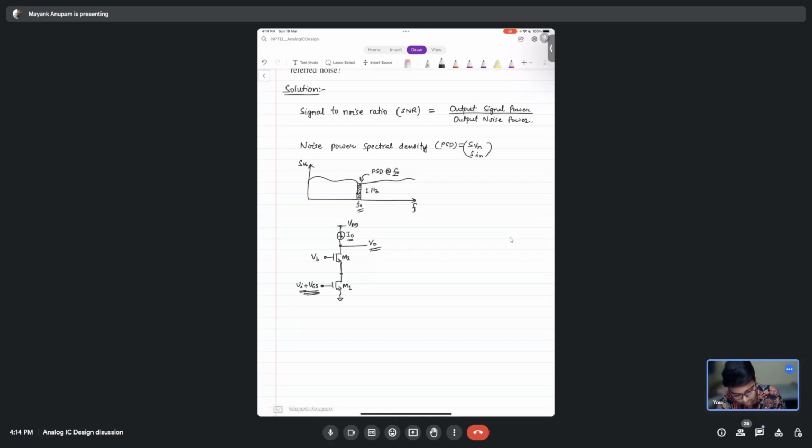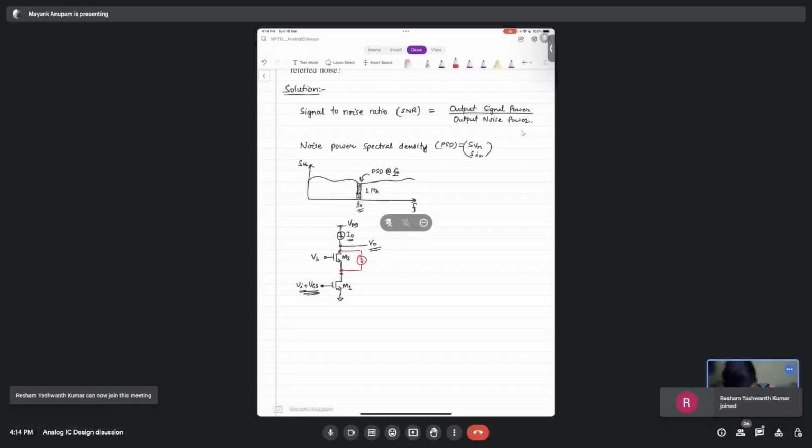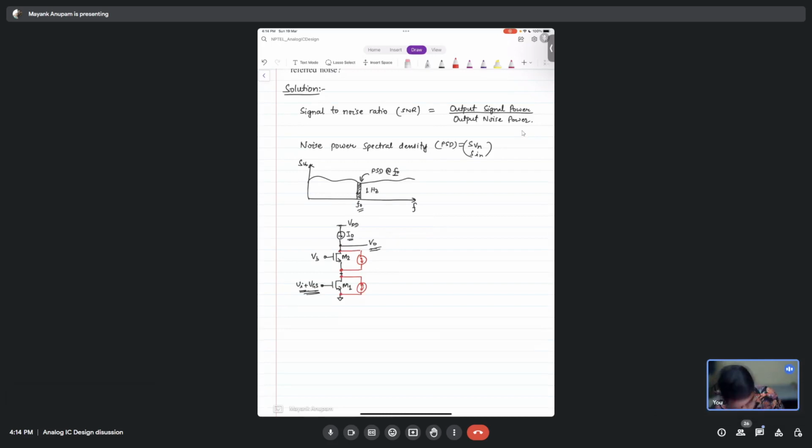So the only two noise-giving entities are basically this MOSFET here, and another is this MOSFET right here. Both of these will contribute some noise.